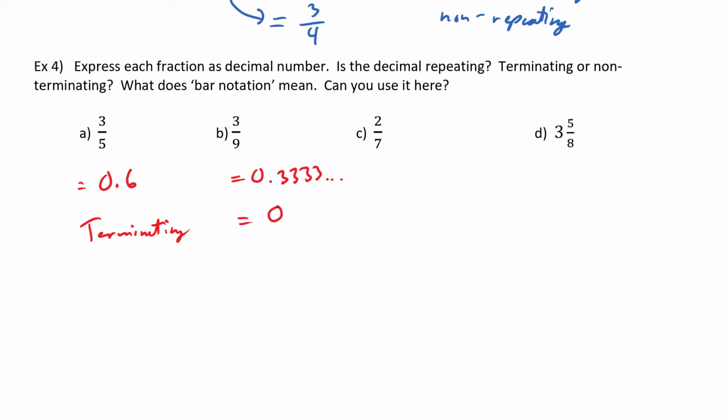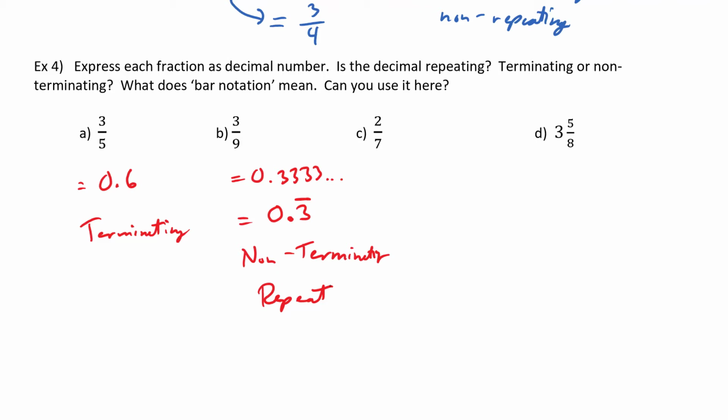I can write that as 0.3, and I put a bar over the 3. This indicates that whatever's underneath the bar, I just keep repeating that off to infinity. So this is non-terminating. It doesn't end, but it is repeating. So that's how we can write it as a fraction.